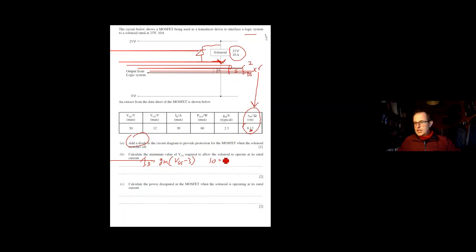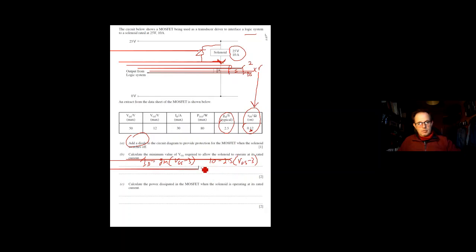Okay, so in this case, we've got a GM from the data table. There it is, it's 2.5. Now the VGS is what we're going to work out in this case. Minus 3. Just to remind you, that 3 comes from the fact that MOSFETs need at least 3 volts in order to turn them on. Now it's just a case of rearranging.